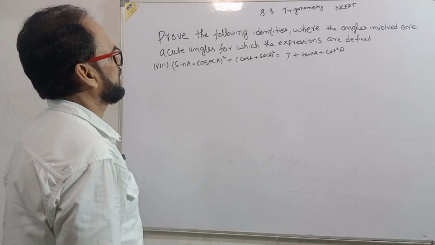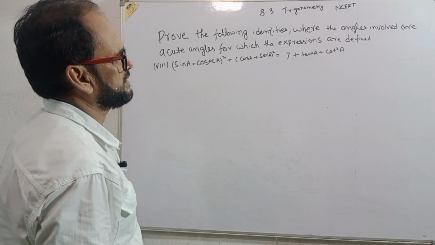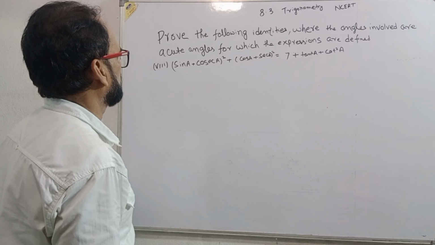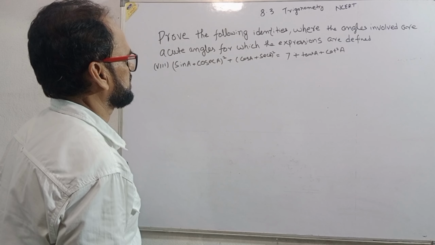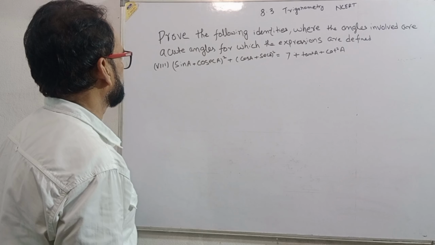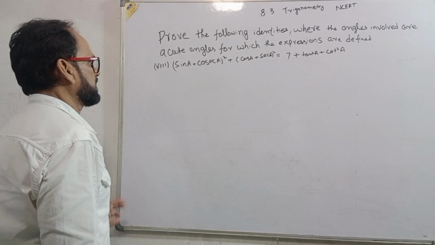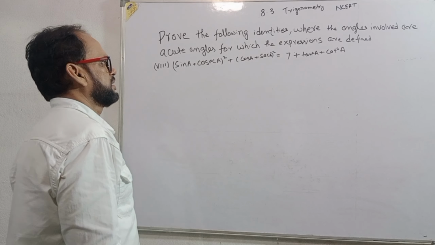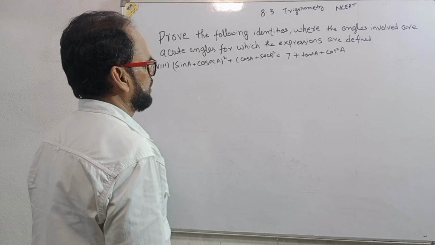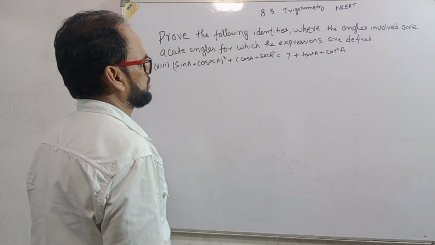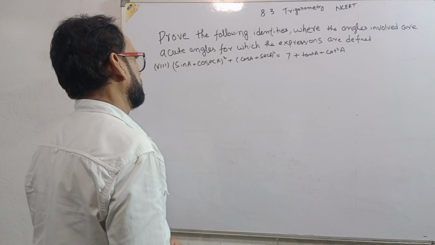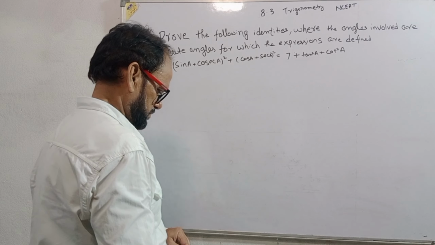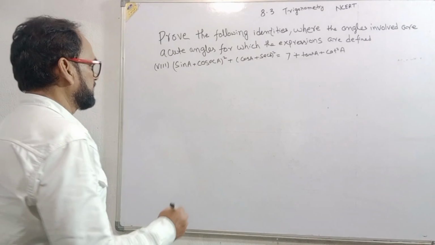Now prove the following identities where the angles involved are acute angles for which the expressions are defined. Sin A plus cosec A whole square plus cos A plus sec A whole square equal to 7 plus tan square A plus cot square A. Now solution.